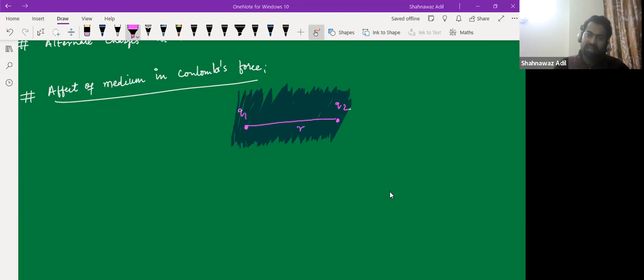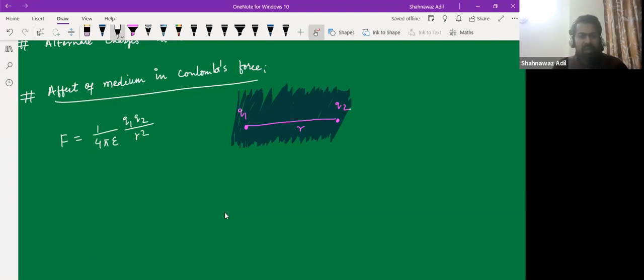Okay, let us see. The force will become 1 by 4 pi, not epsilon naught but E, then Q1 Q2 by R square.